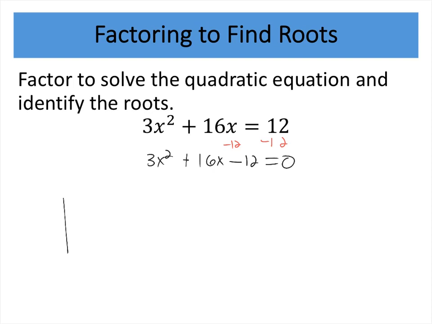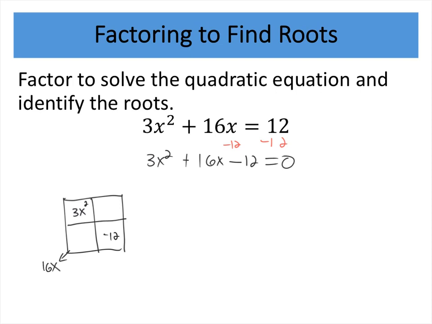When we're factoring, we're going to use our factoring method, which is we're going to take the boxes and find values that multiply to negative 36, and I'll talk about why that number in particular in just a moment, and that add up to 16x.